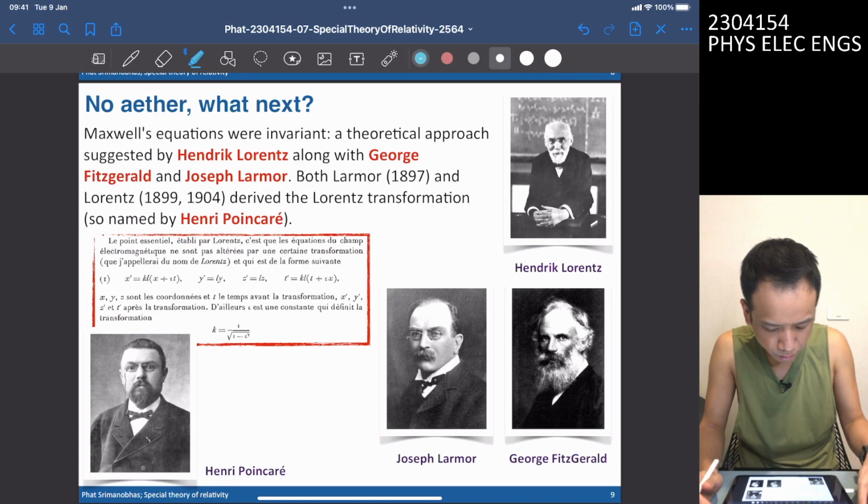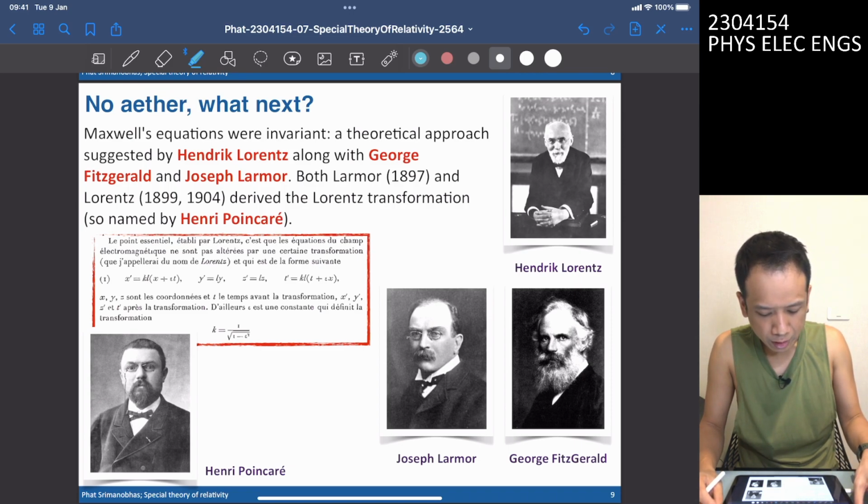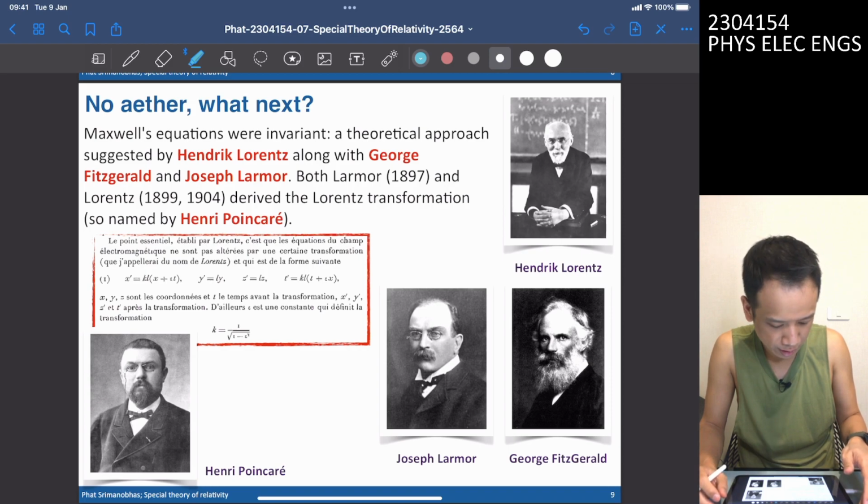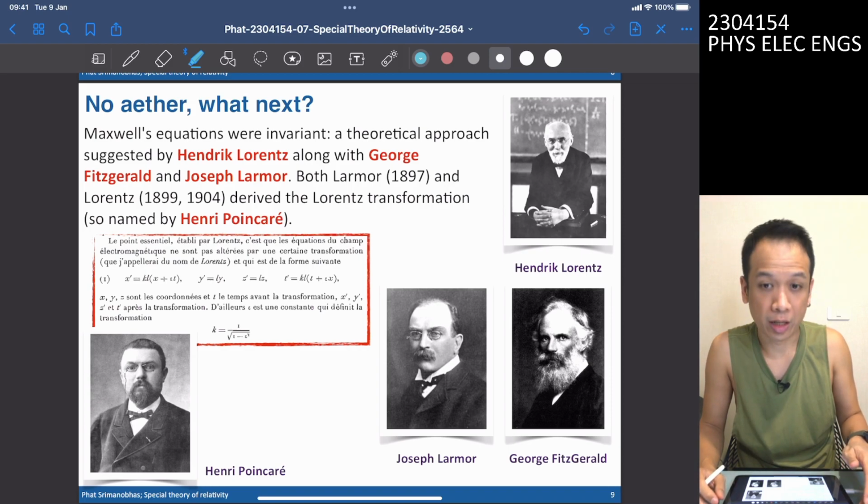And then Larmor, and after that Lorentz, derived what we call the Lorentz transformations. This name was not given by Lorentz or Larmor; it was named by one of the physicists, Henri Poincaré.